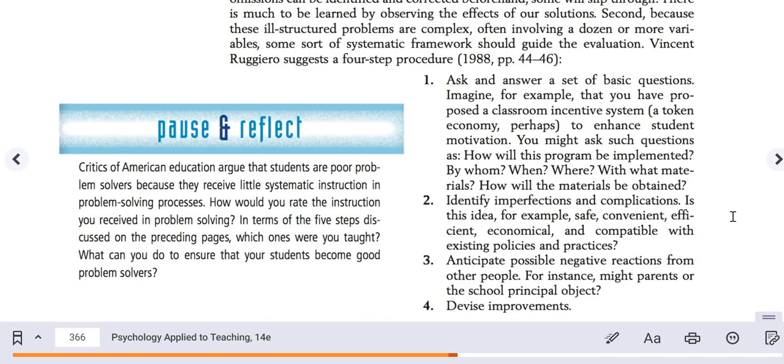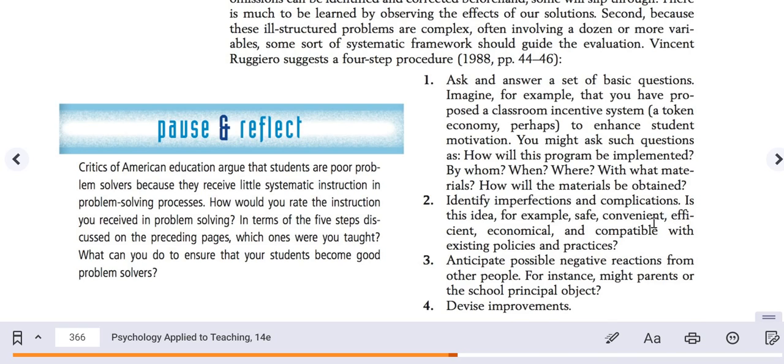Ask and answer a set of basic questions. Imagine, for example, that you have proposed a classroom incentive system, a token economy perhaps, to enhance student motivation. You might ask such questions as, how will this program be implemented? By whom? When? And where? With what materials? How will the materials be obtained? Identify imperfections and complications.